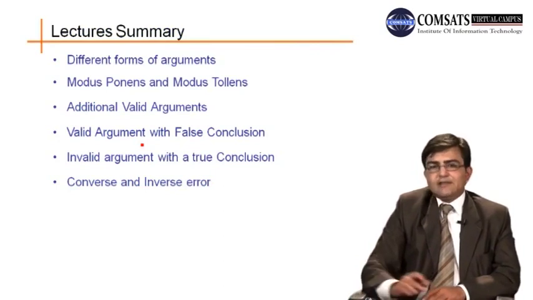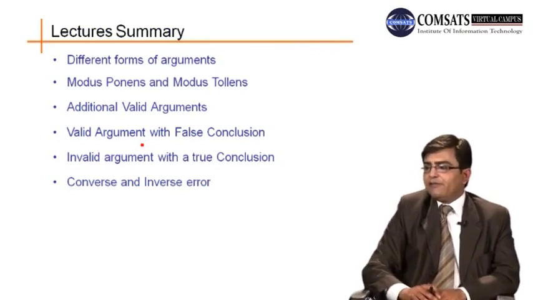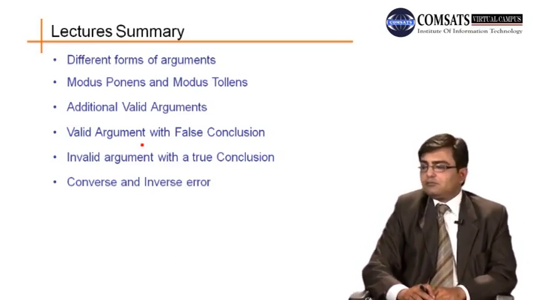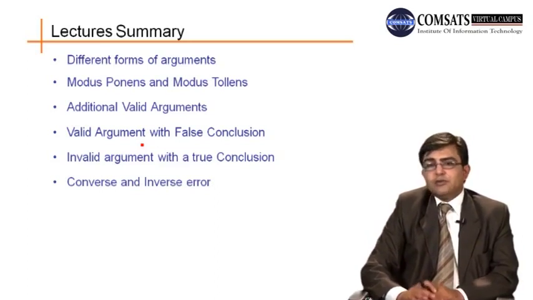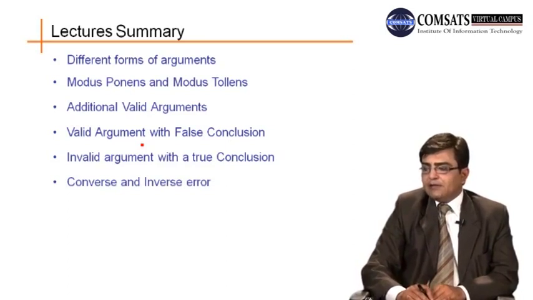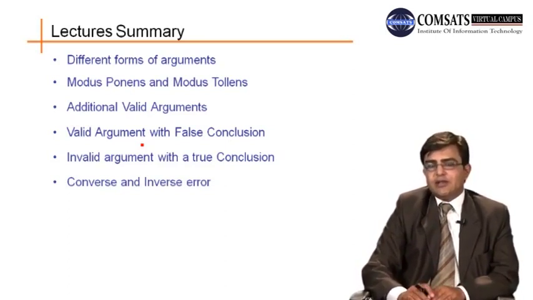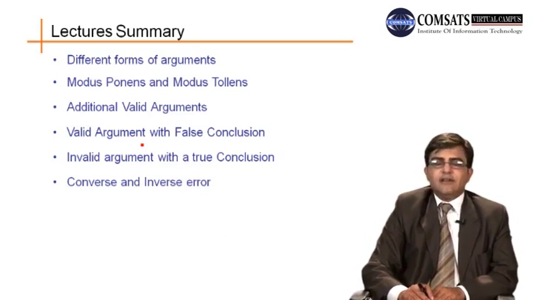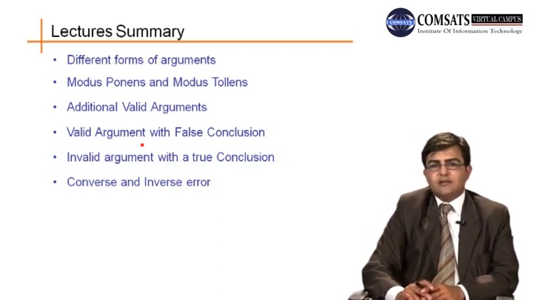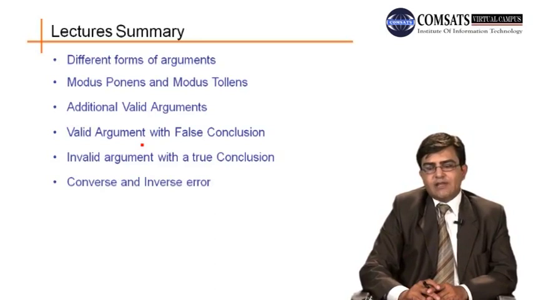So the lecture summary, what we have studied today: different forms of arguments, how to prove an argument to be valid. We have studied the method using truth tables. Then we have studied different forms of valid arguments, which are modus ponens, modus tollens, disjunctive, addition, conjunctive, simplification, and some other valid argument forms.